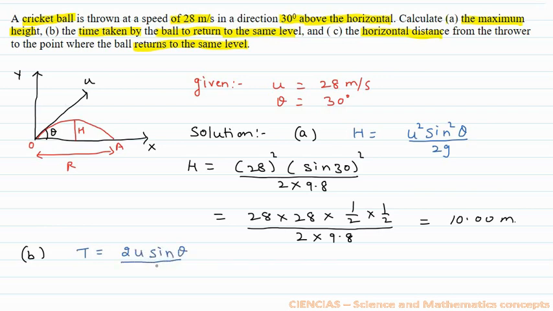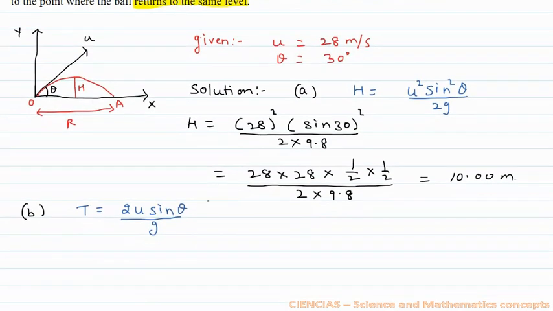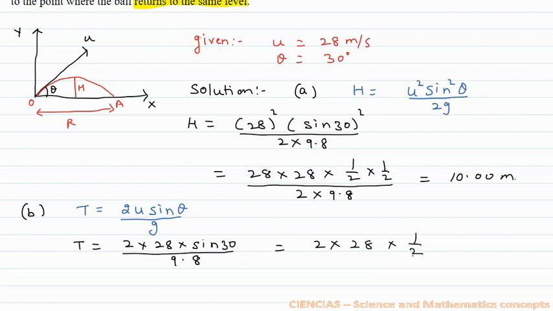So t is equal to 2 into 28 into sine 30 upon 9.8, which is equal to 2 into 28 into sine 30 is half, divided by 9.8. On calculating, we get this equal to 2.9 seconds.